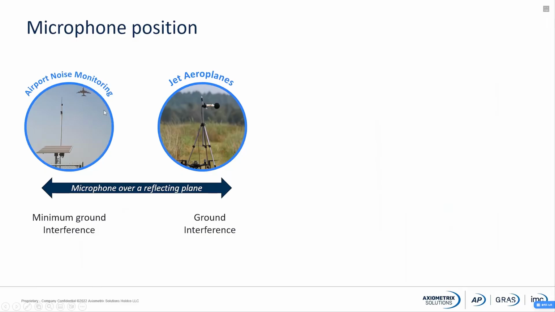First of all, you have some disadvantages with some of the installations here. If you take the microphones over a reflecting plane, that means that you have a microphone, you have a surface on the bottom here, and then of course you have some interference, ground interference from the ground. But if you're coming up 6 to 10 meters like this one is erected, then the ground interference is a minimum. If you take this one 1.2 meter over the surface, this is introducing some ground interference.